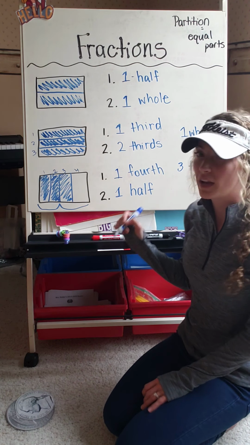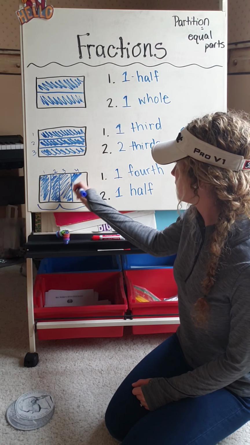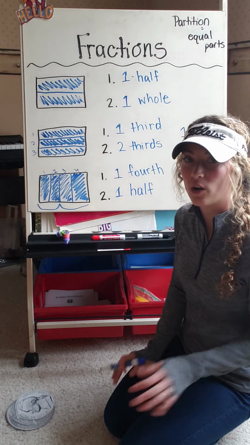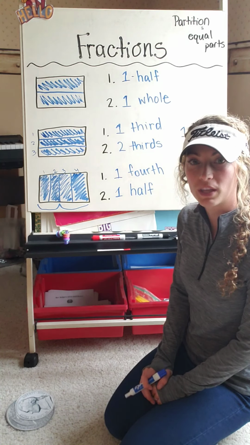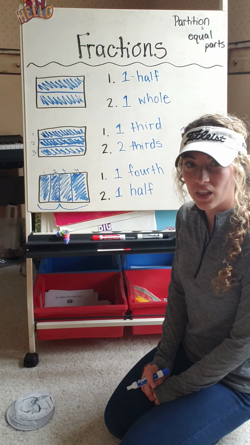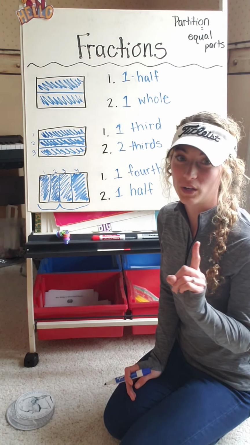And then if I colored in the whole thing, does anyone know what the name for that whole shape would be? If it's all colored in, the whole thing, it would be a whole, 1 whole.